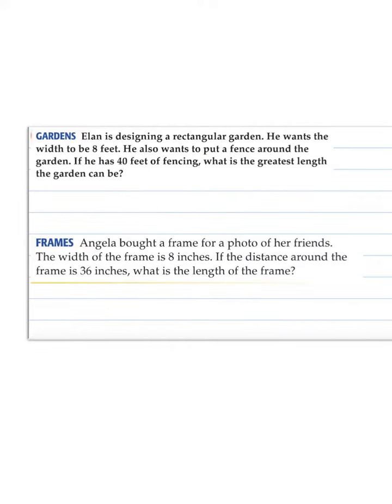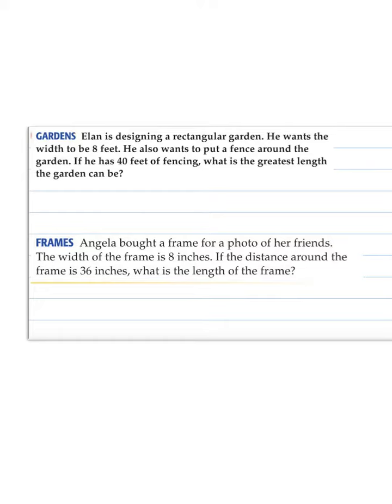Okay, here's some more for you to try. Elaine is designing a rectangular garden. He wants the width to be 8 feet. He also wants to put a fence around the garden. If he has 40 feet of fencing, what is the greatest length the garden can be?